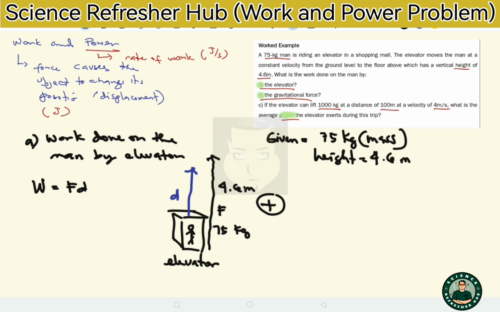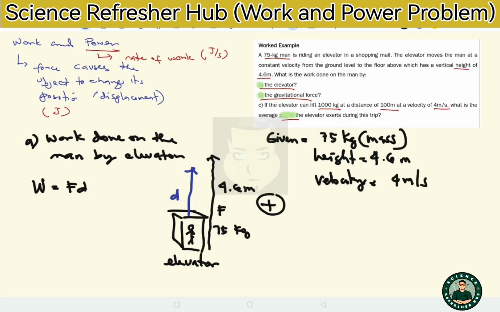And aside from that, the velocity is also provided. It's constant, by the way. It's provided here in item C, right? 4 meters per second. I will put it there.